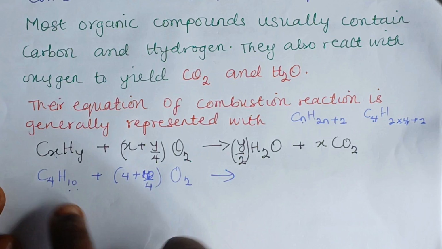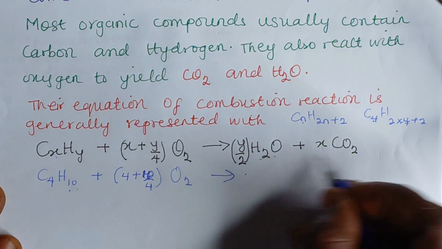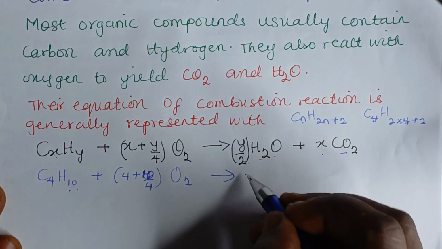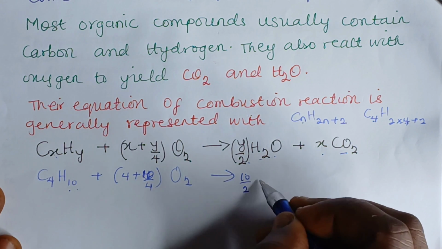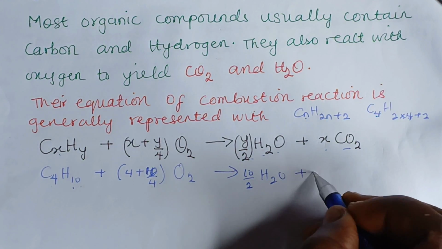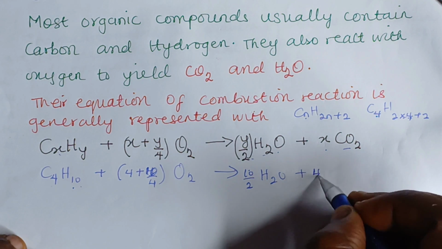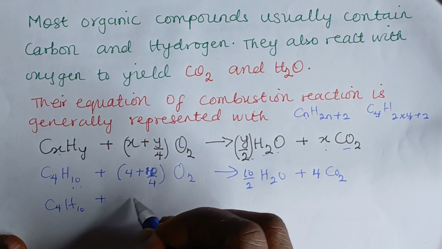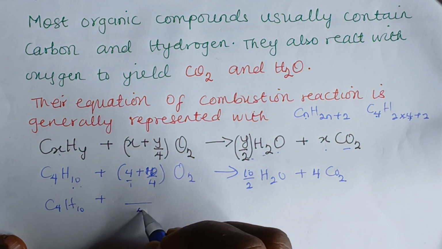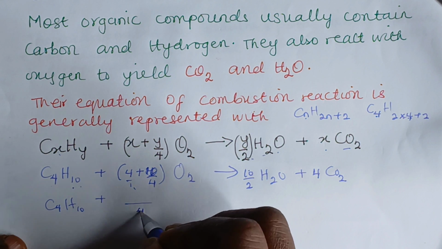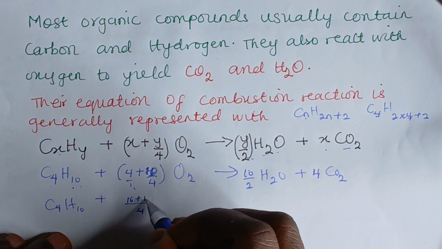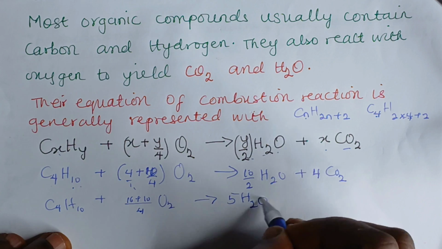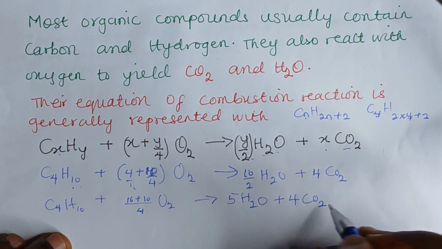A hydrocarbon reacting with oxygen will give you water and CO2, but we need to get their coefficients to complete the equation of reaction. So y is 10, and here we have y over 2 H2O, plus x, which is 4, CO2. So we have C4H10 here, and to simplify this, we have 4 times 4, 16, plus 10 over 4 O2 to give 5 H2O and 4 CO2.